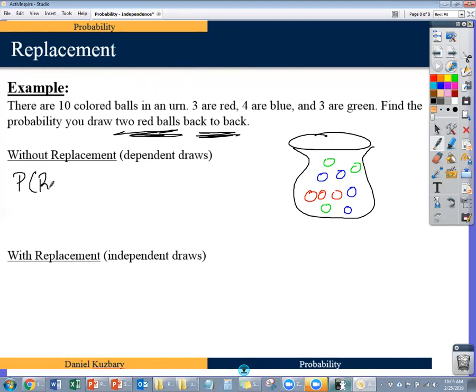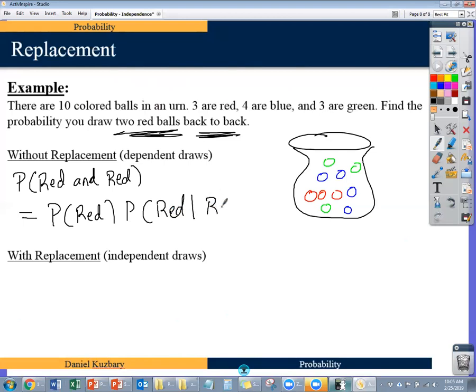So the probability I draw a red and a red is going to be the probability that I draw a red ball times the probability I draw a red, given that I already drew a red. Maybe I can just visualize this for you. I'm going to draw a red ball out first, and the chance that I draw a red ball out of this is going to be 3 divided by 10.